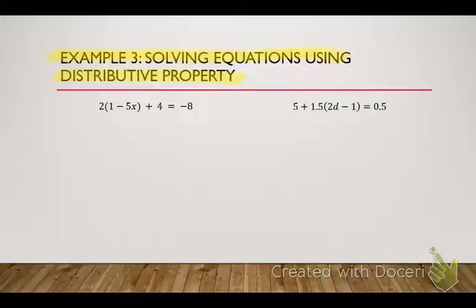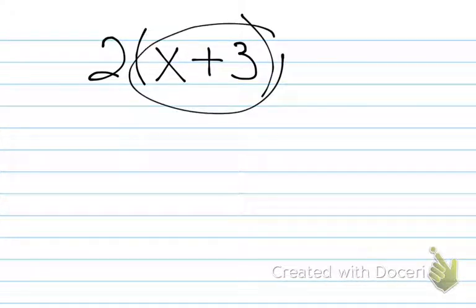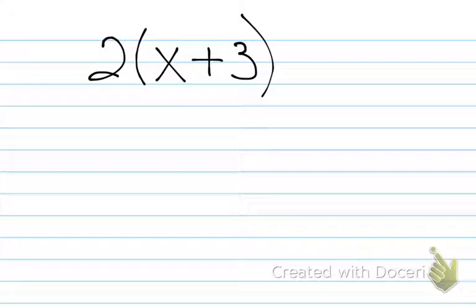Okay, so distributive property, like I said, we're just going to review real quick. If I gave you an expression 2 times x plus 3, we just talked in the last example about how we cannot combine terms like this, x plus 3, they're not like terms. So we've got a problem here in that we need to get rid of the parentheses, but we can't combine what's inside them.